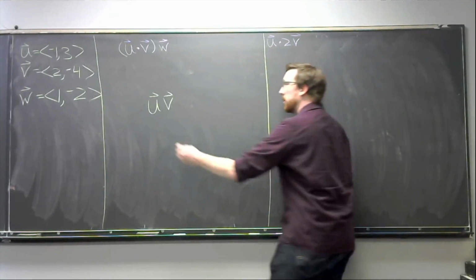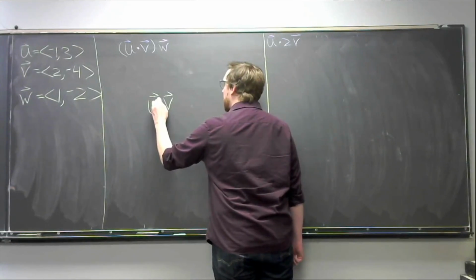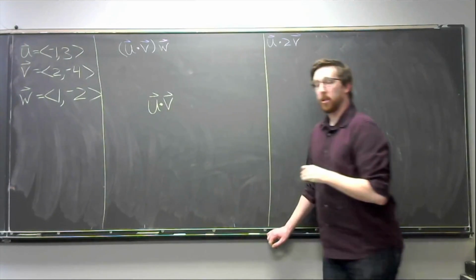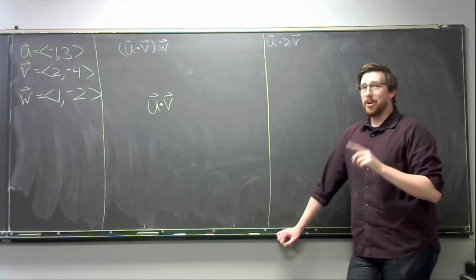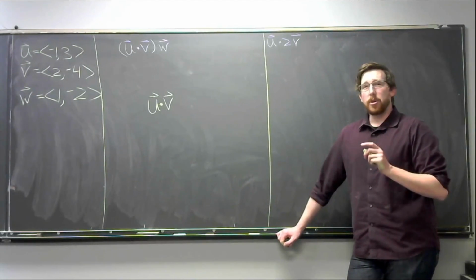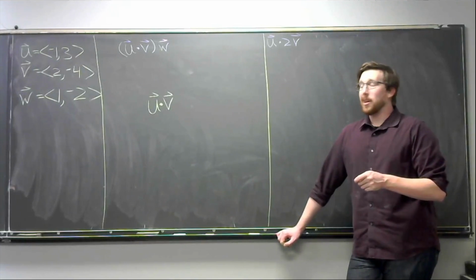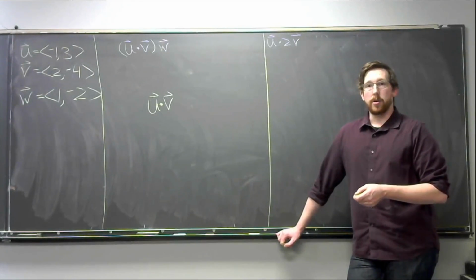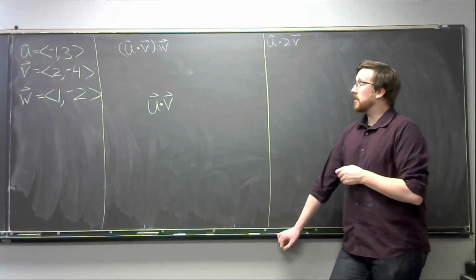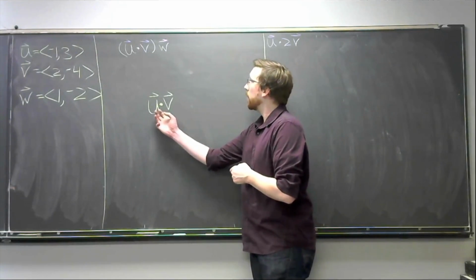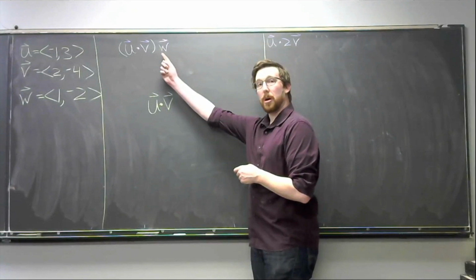But u dot v, we can do. And not just can we do it, this gives us a particular type of number. It gives us a scalar, right? So because this gives us a scalar, we can do this problem up here.